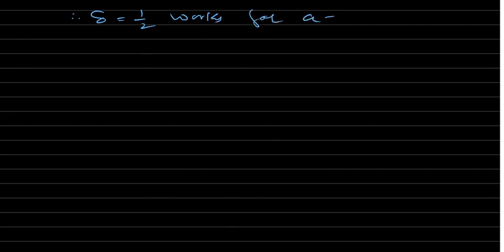For a equal to 1 but not for a equal to 10, at epsilon equal to 2, क्योंकि हर किसी एप्सिलॉन के लिए आपको डेल्टा मिलना चाहिए ना, तो इस एप्सिलॉन इक्वल टू 2 के लिए आपको डेल्टा मिला है, डेल्टा इक्वल टू 1 by 2 फॉर a इक्वल टू 1, बट द सेम वैल्यू ऑफ डेल्टा डजंट वर्क. But not for a equal to 10.